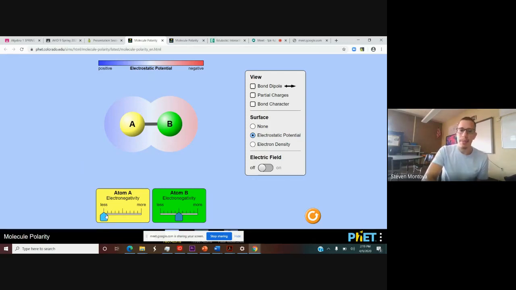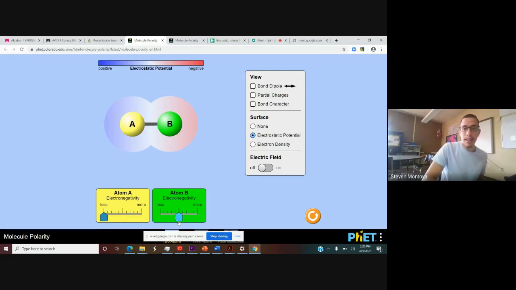Now let's look at atom B's electronegativity. Atom B is at tick mark 5 or the halfway point on the electronegativity scale, or you could say it has 50% electronegativity. Okay? Now let's compare atom B's electronegativity with atom A's electronegativity. Atom B's electronegativity is stronger than atom A's by 5 ticks, okay?